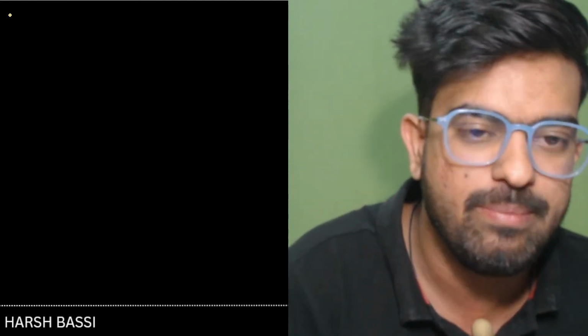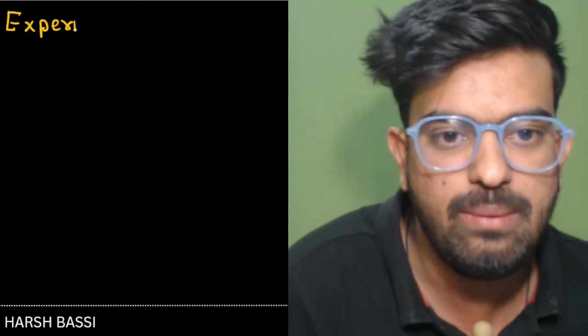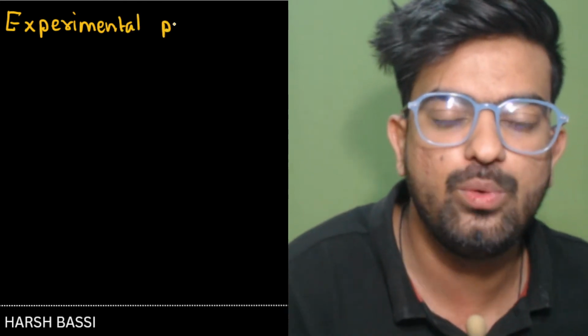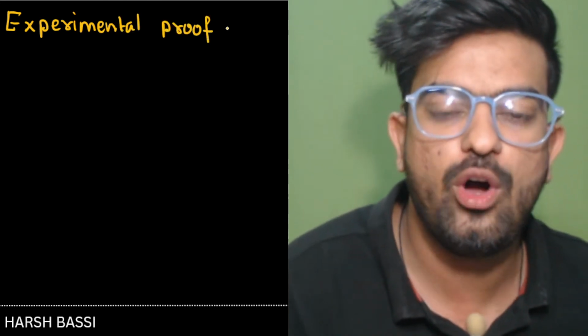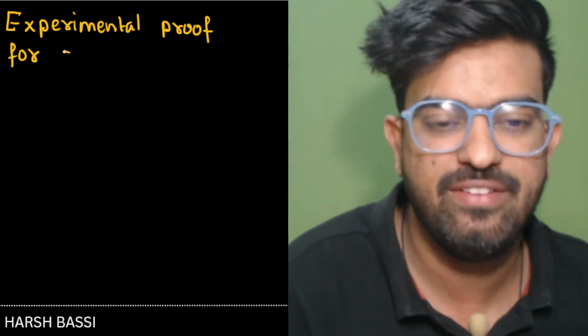Today we are going to start with the experiment which proved that DNA replicates by the semi-conservative mode. We are going to have an experimental proof for the semi-conservative nature of DNA.